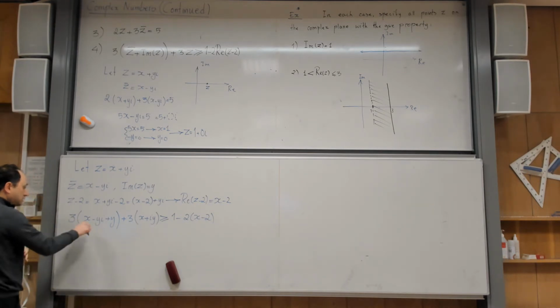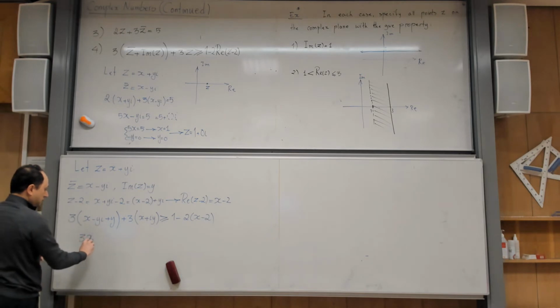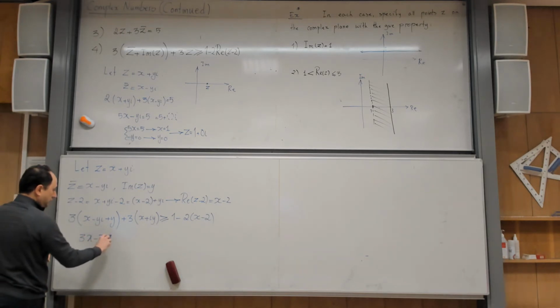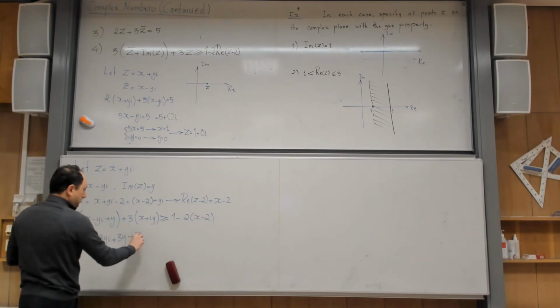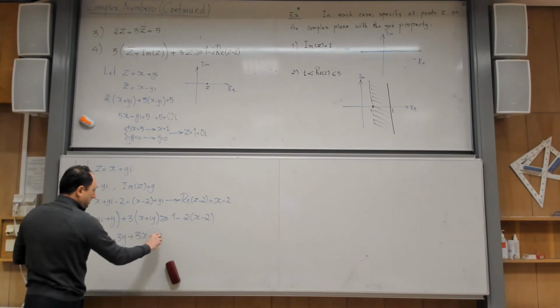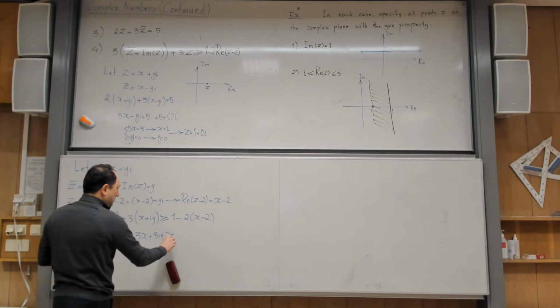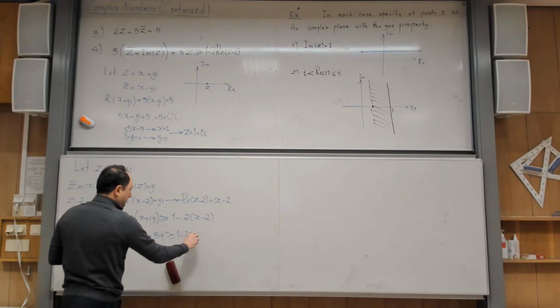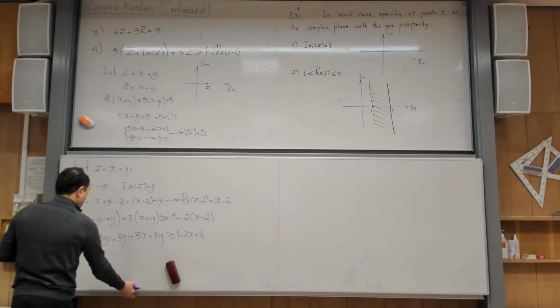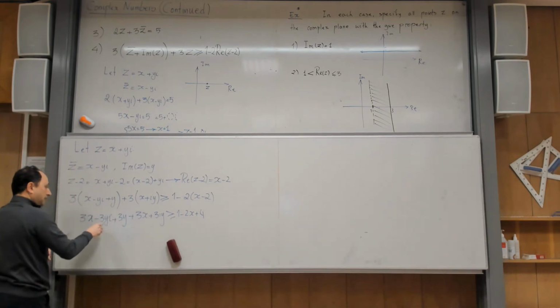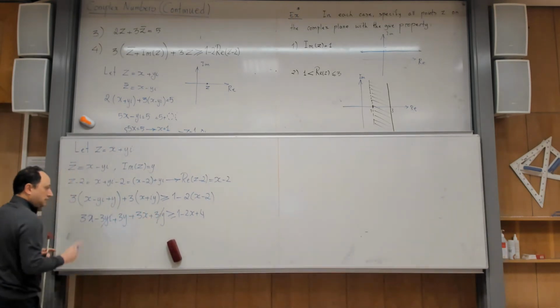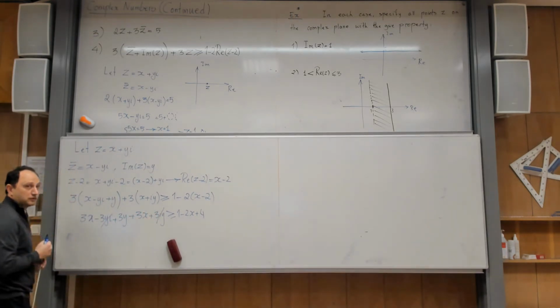So then I multiply this in, so this becomes 3x minus 3yi plus 3y, and then it becomes 3x plus 3iy is greater than or equal to 1 minus 2x plus 4. And then, fortunately, this part is cancelled, otherwise I would be in trouble. Yes, I hope that you feel why. I will talk about that later.